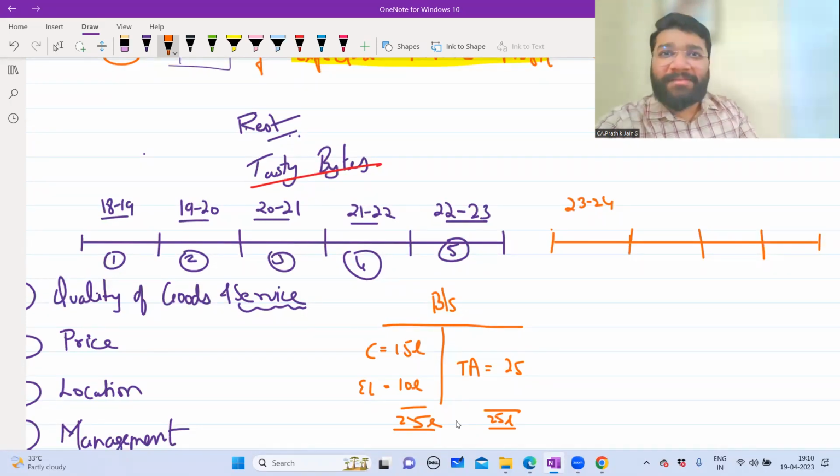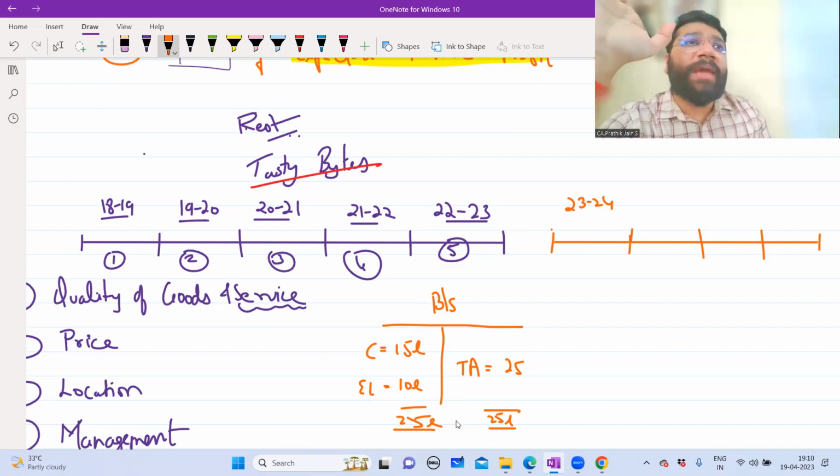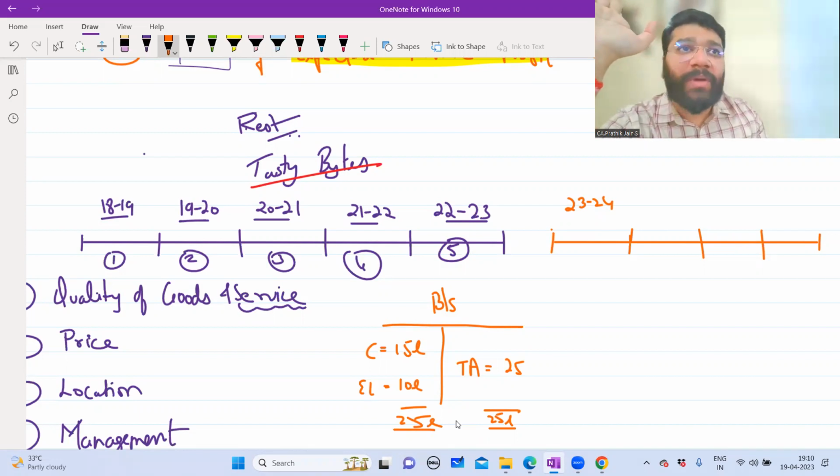Some random numbers. Okay, how many of you say 25? Raise your hands, offline people. Minimum, I'm asking. Okay. All those who are saying more than 25, raise your hands. Okay. Anybody less than 25? What value?